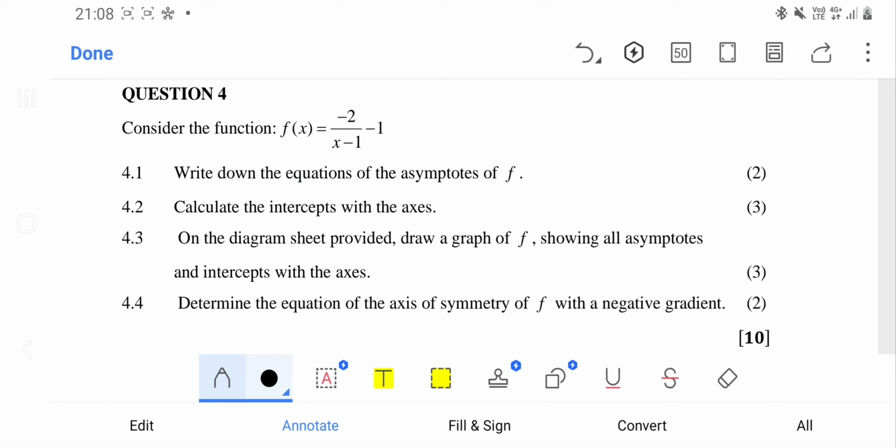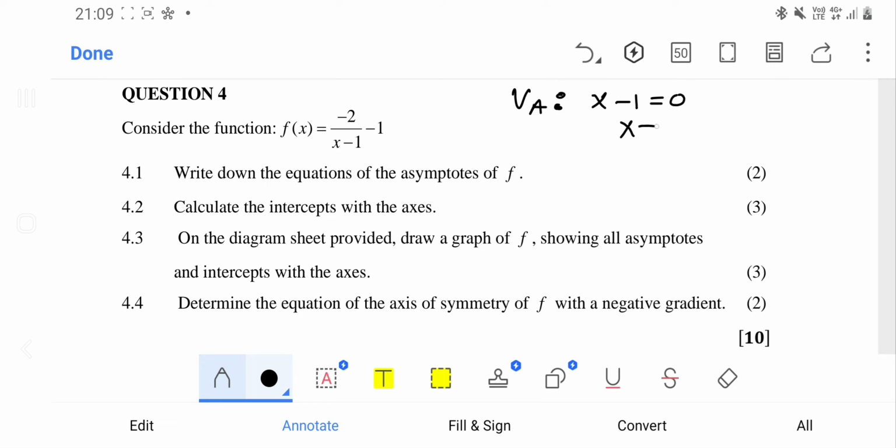So with the equations of the asymptotes, we have the vertical asymptote, right? So with the vertical asymptote, we concentrate on the denominator, and then we say x minus 1 is equal to 0. This is the dotted line that cuts the x-axis but is parallel to the y-axis.